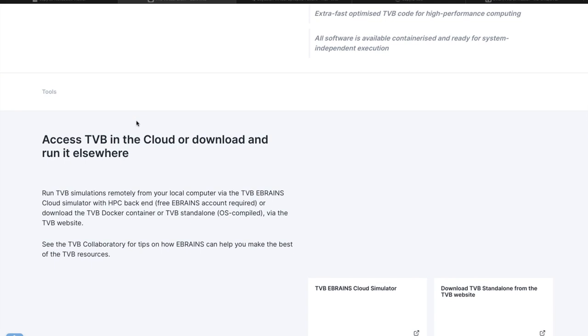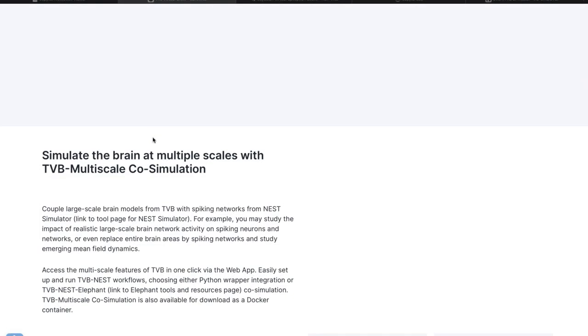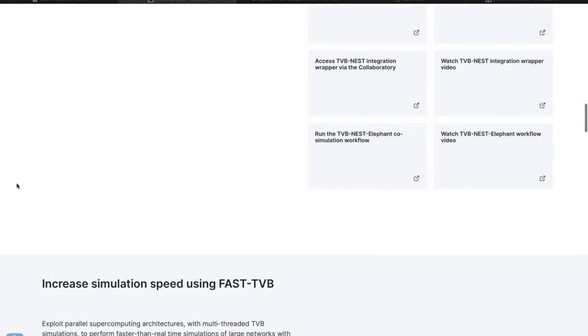For example, as Denis maybe mentioned last week, you can run TVB either by downloading the TVB distribution on the official website, but you can also access it through eBrains using the cloud. You can also perform some multi-scale simulations.